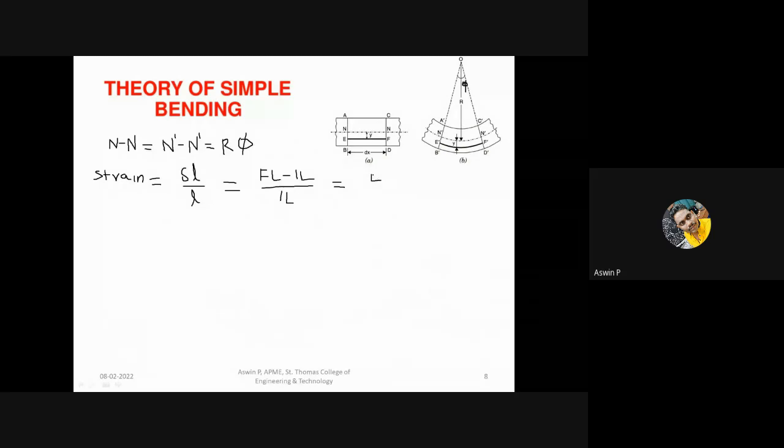The final length will be E dash F dash, minus the initial length, that is EF, divided by EF.